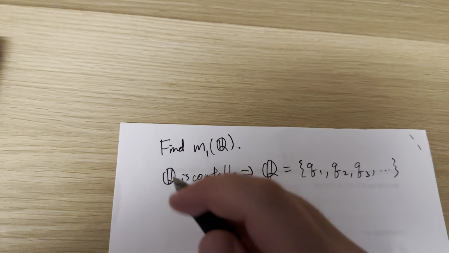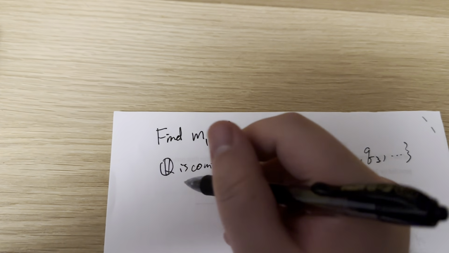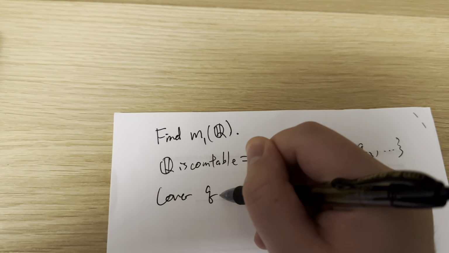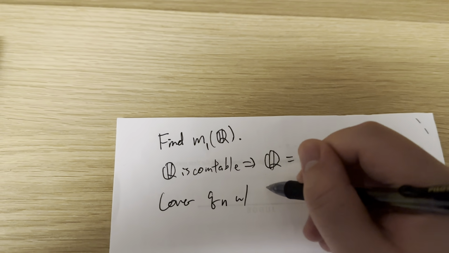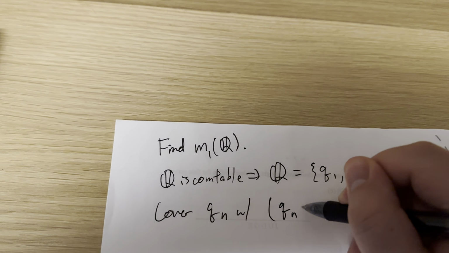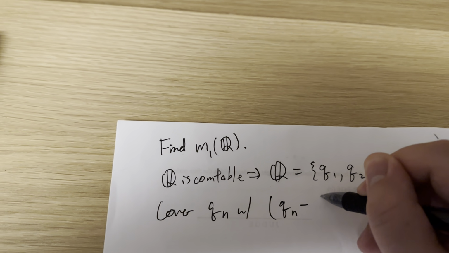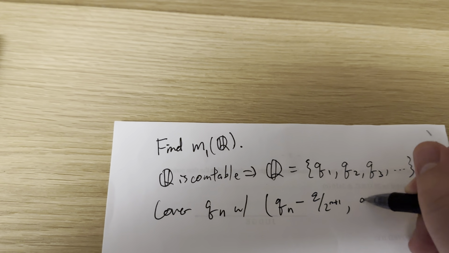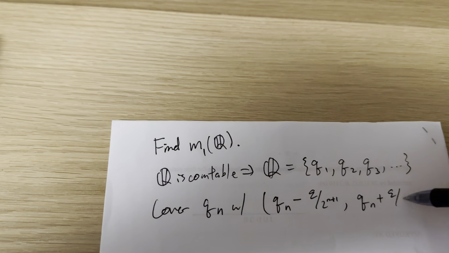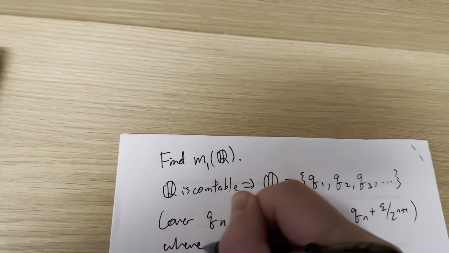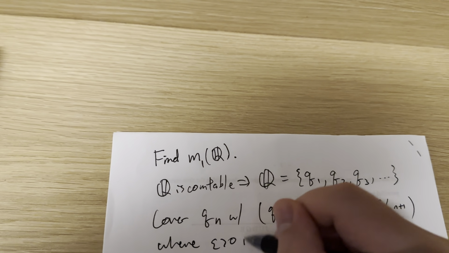And then we cover each of these q's with an interval. So cover q_n with the following interval. So the interval is q_n minus epsilon over 2 to the n plus 1 power, q_n plus epsilon over 2 to the n plus 1 power, where epsilon positive is given.